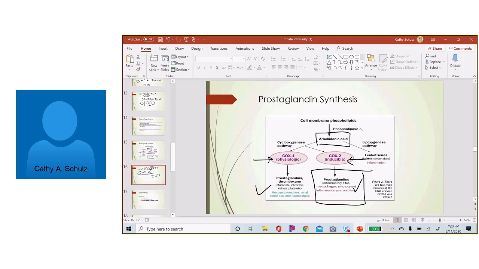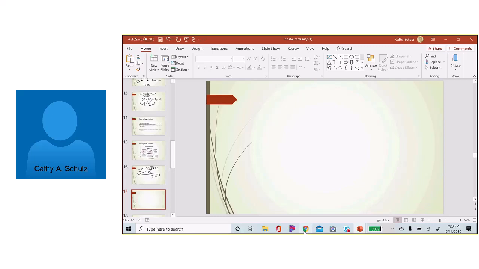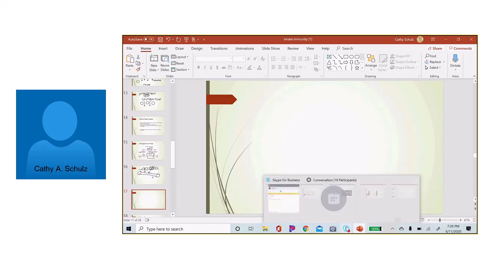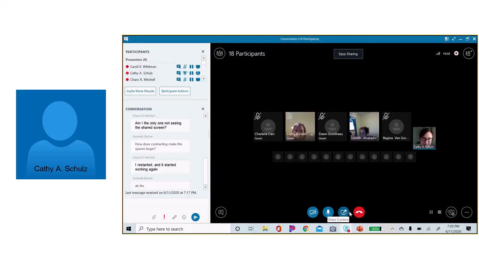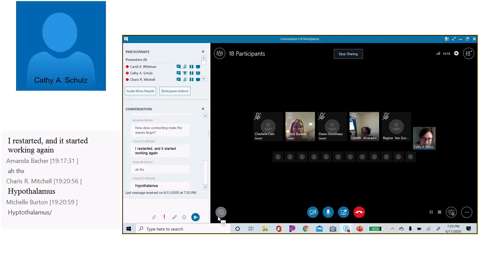So you have to remember, does anyone remember how the body regulates temperature? Cara says, Michelle. It is through the hypothalamus.